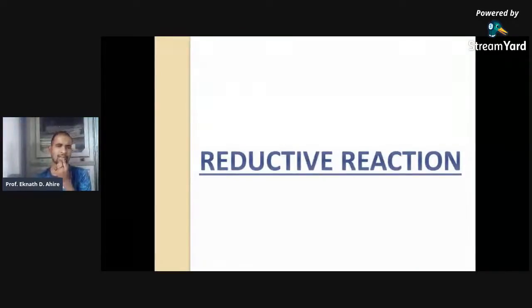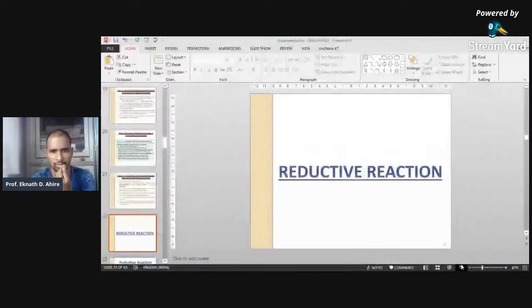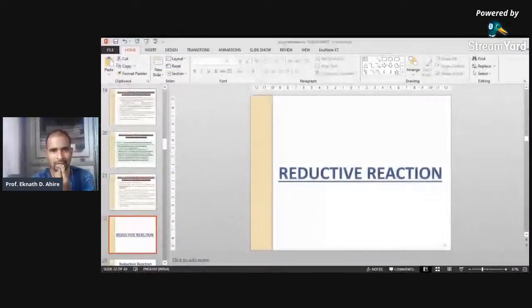In that, the first reaction we already did, which is the oxidative reaction. Today we will start with the reductive reaction. The name itself indicates it is related to the reduction process.